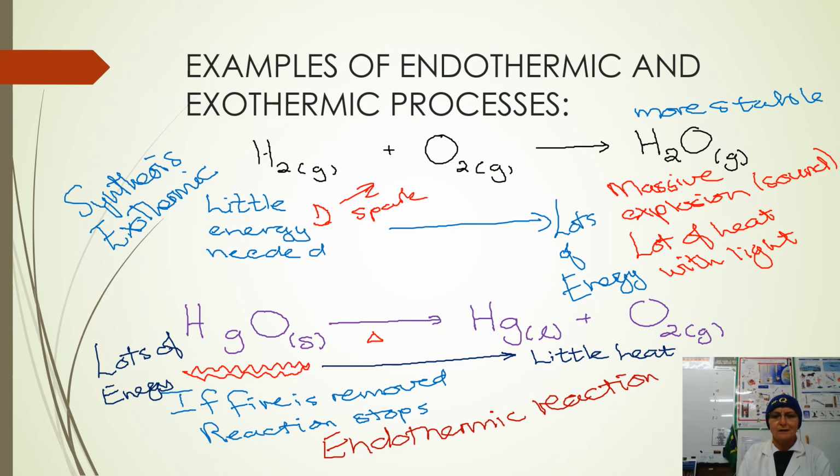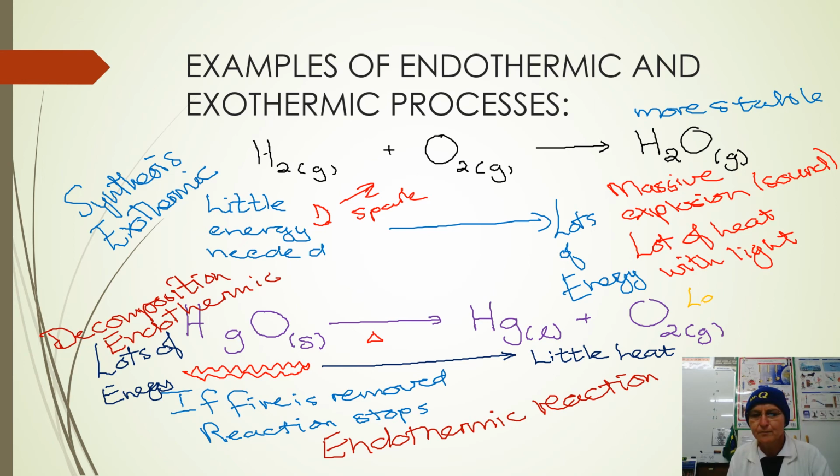And you're taking one substance and making two different substances. So this is a decomposition reaction, and it is endothermic. And the product is less stable than the reactant mercury oxide.